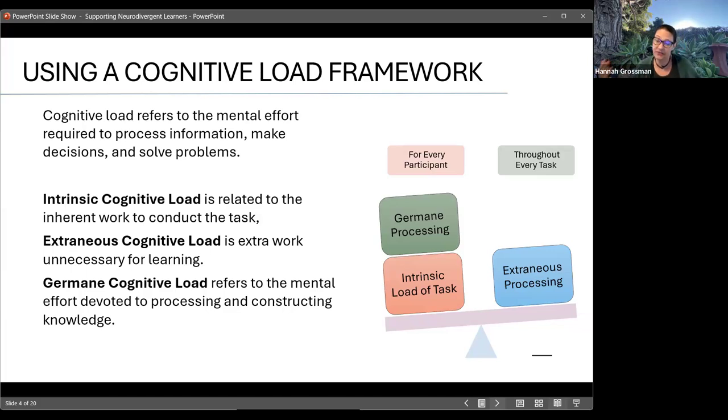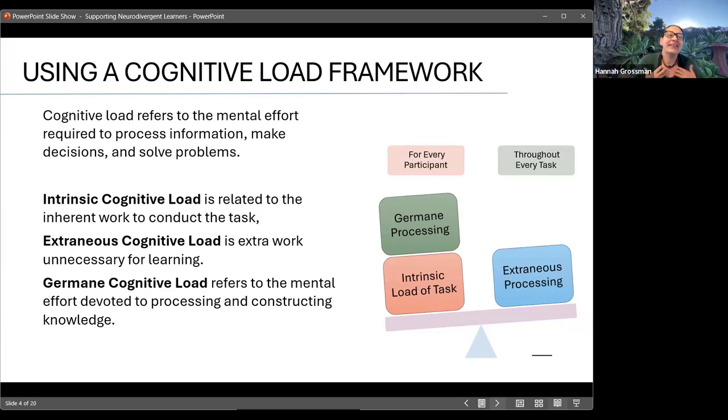And that can be done as an individual alone, that can be done as individuals together, and those tasks will balance differently. But when I'm thinking of processing, when I'm thinking of neurodivergence, when I'm thinking of differences, I find that having a cognitive load framework of thinking as work, and that there are limits to the amount of cognitive load you can do at one time. So you're always trying to balance your cognitive loads at different times to do the work that you need to do to make it through the day.